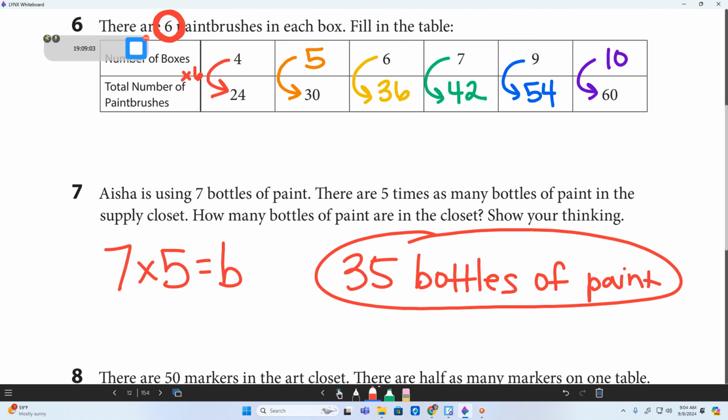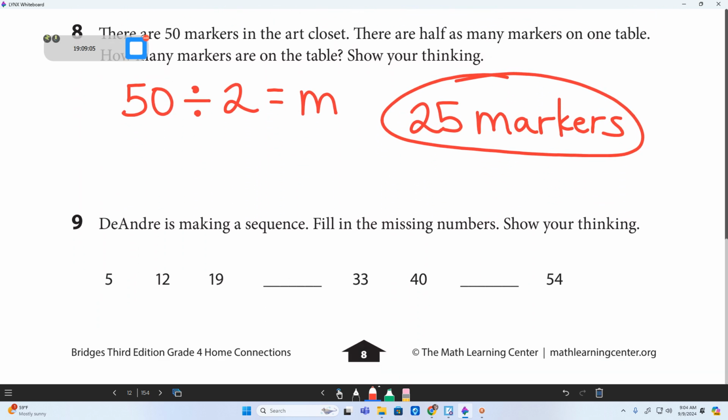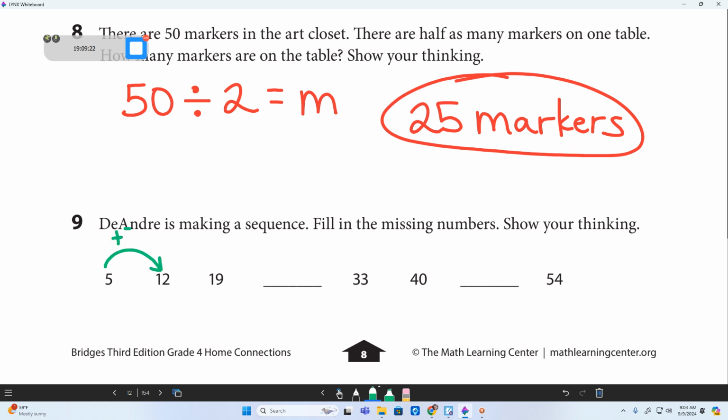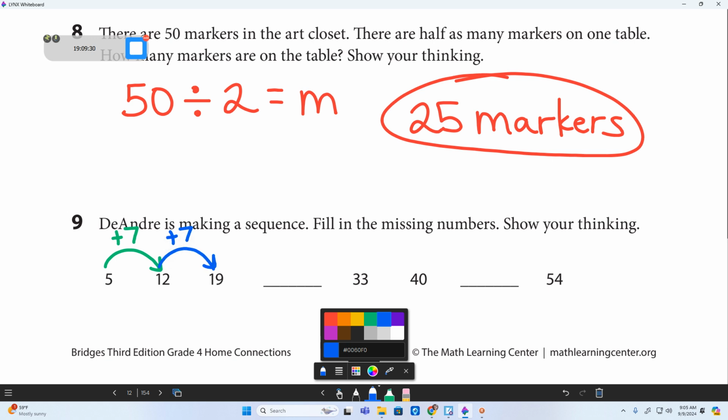Okay, moving on. Number 9. DeAndre is making a sequence. A sequence is another word for, do you know? A pattern. And it looks to me like the numbers are getting bigger and they're getting bigger really consistently. So I think it's going to be adding. 5 plus 7 is 12. Let's make sure that works for the next one. Is 12 plus 7 19?